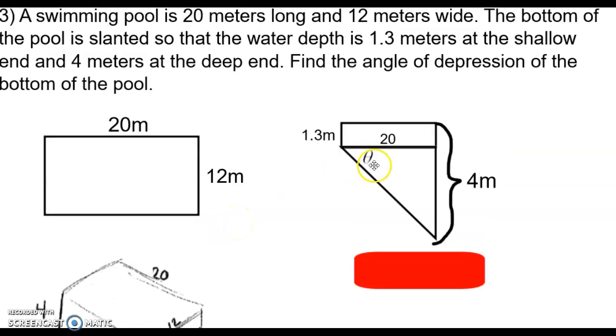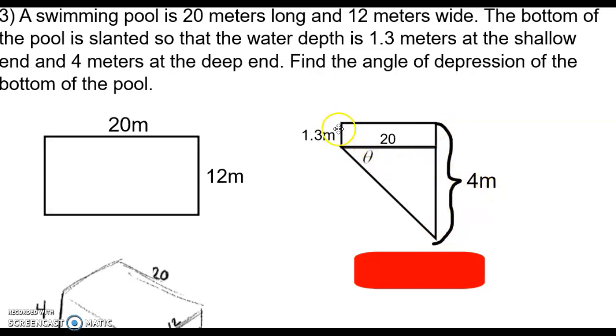So our first step is we want to find this angle of depression. Again, angle of depression, we have that horizontal line and then turn down. In order to find that, we have the adjacent side here, so we need either the opposite or the hypotenuse. We know this whole side from top to bottom is 4 meters.